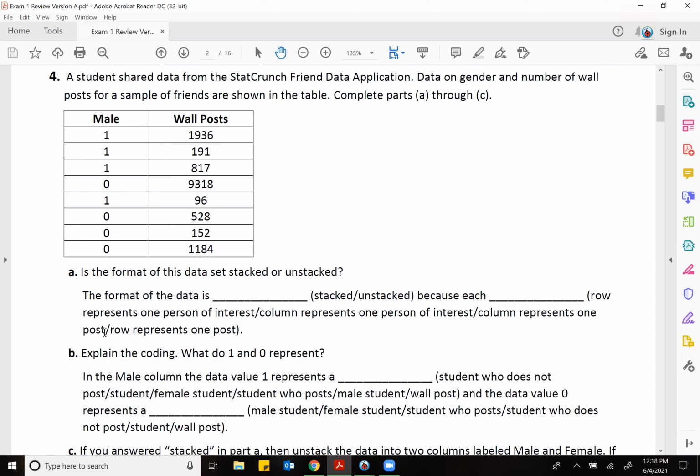And for unstacked data, what does each row represent? One variable? In this case, each row would represent one post. So this is the format that's stacked because each row represents one person of interest.